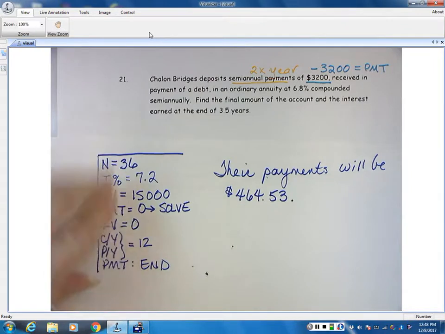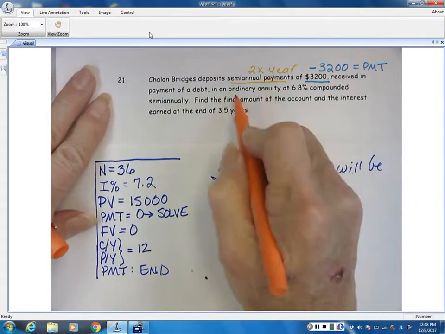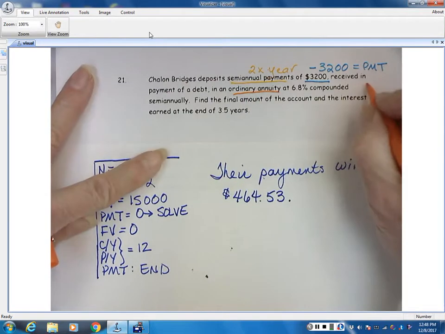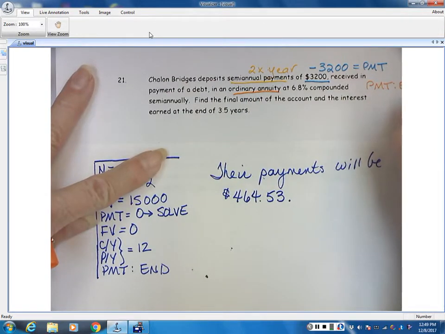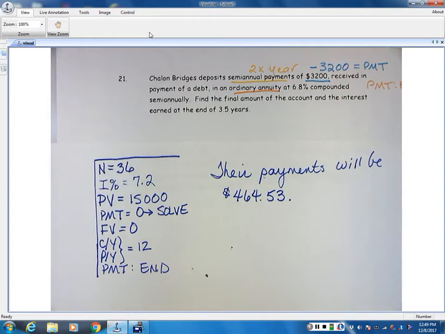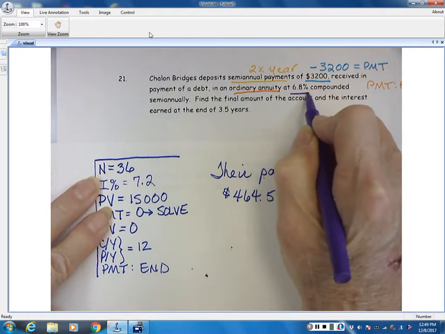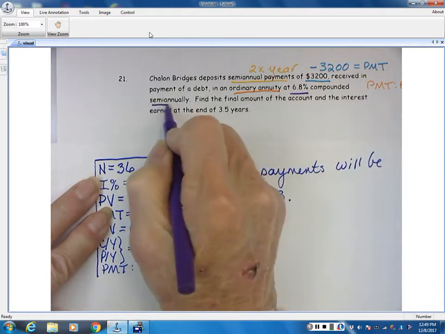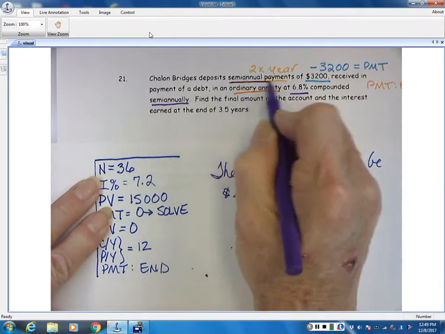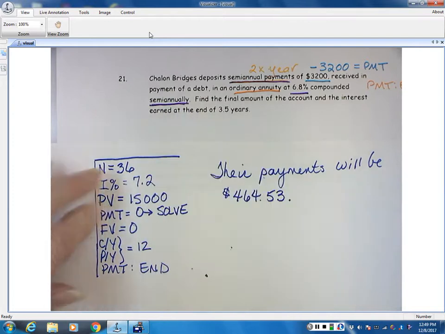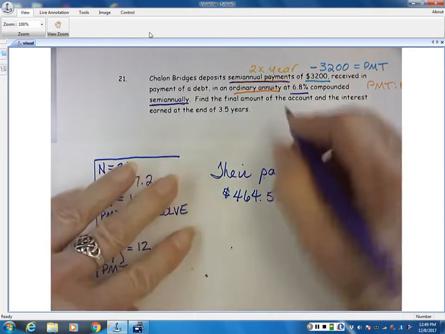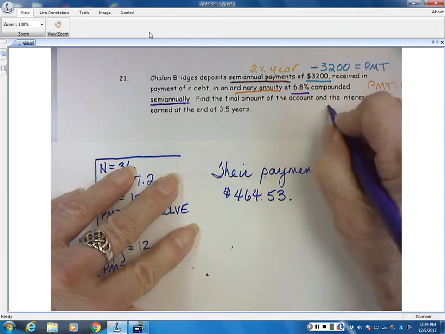And in an ordinary annuity, the payments are made at the end. At 6.8% compounded semi-annually. Since he's making semi-annual payments and it's compounded semi-annually, that just means C/Y and P/Y are both going to be 2.